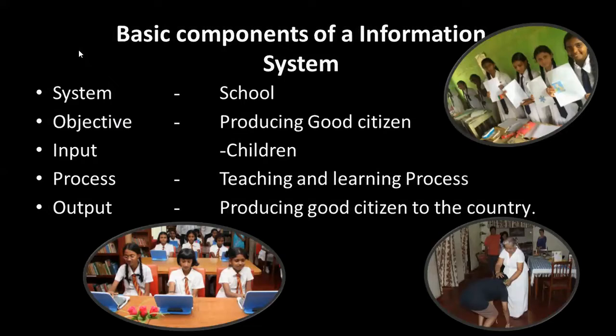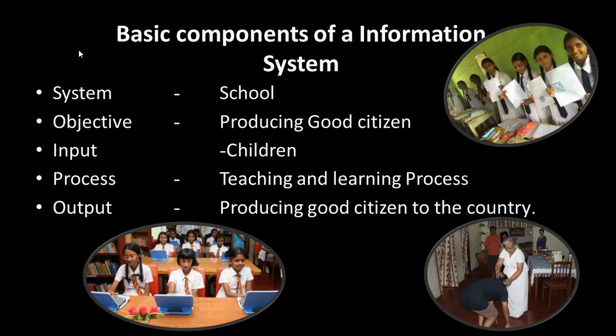Let's see what the things are when we are considering an information system. Before that, we have to discuss the school as a system. If you take the school as a system, the objective of the school is to produce good citizens for a country, right?